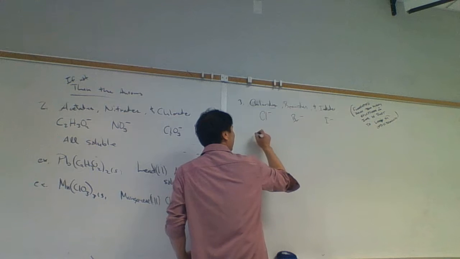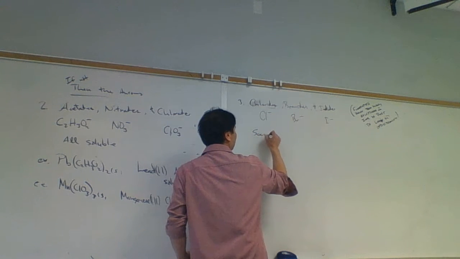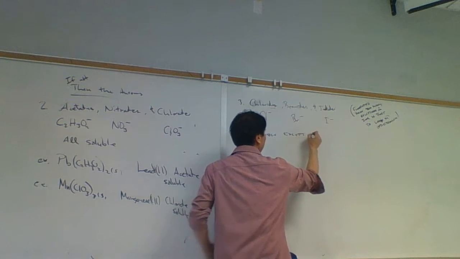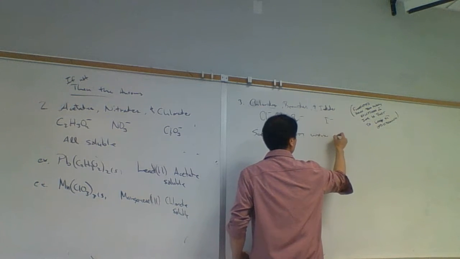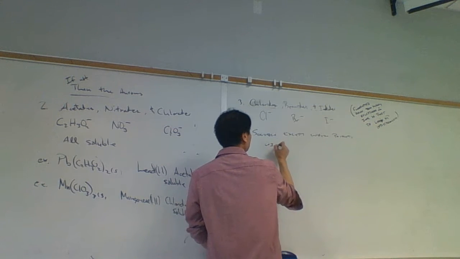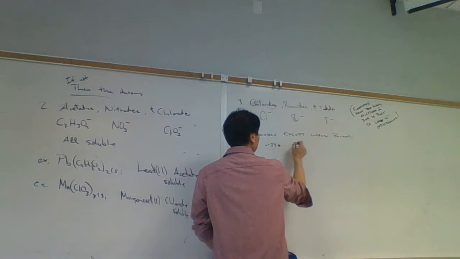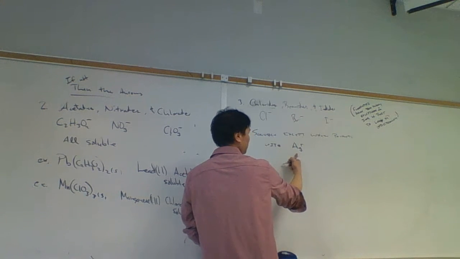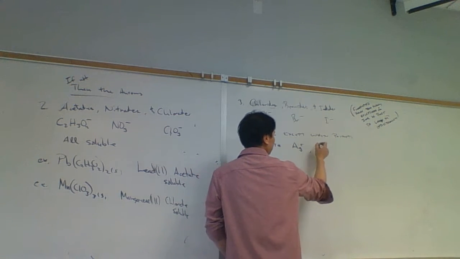Chlorides, bromides, iodides are soluble, except when paired with Ag plus, what do we call that? Silver ion.